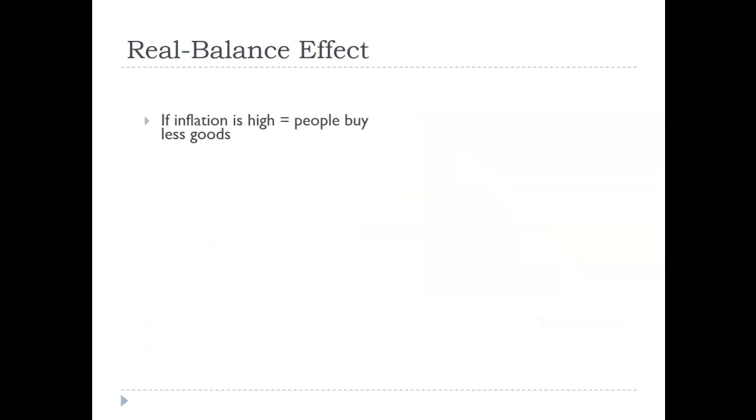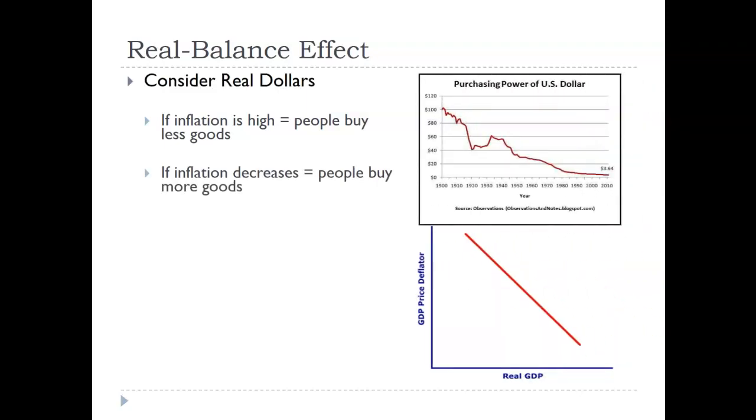So, the real balance effect. If inflation is high, people buy fewer goods. If inflation decreases, people buy more. As the GDP deflator, again, we're substituting the GDP deflator for the consumer price index, the GDP price index. They're interchangeable for our purposes.